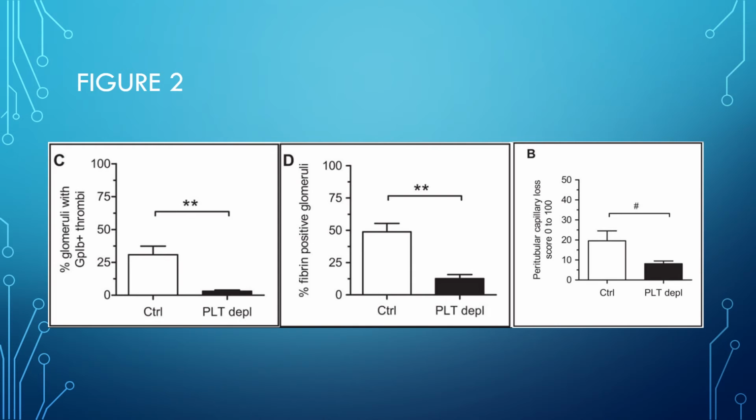However, as a result, we can see in panels C and D that the platelet depletion actually lowered significantly both the thrombi and fibrin percentages within those cells. And this results in panel B, where we can see that the peritubular capillary loss had actually decreased in the platelet depleted group compared to the control group.